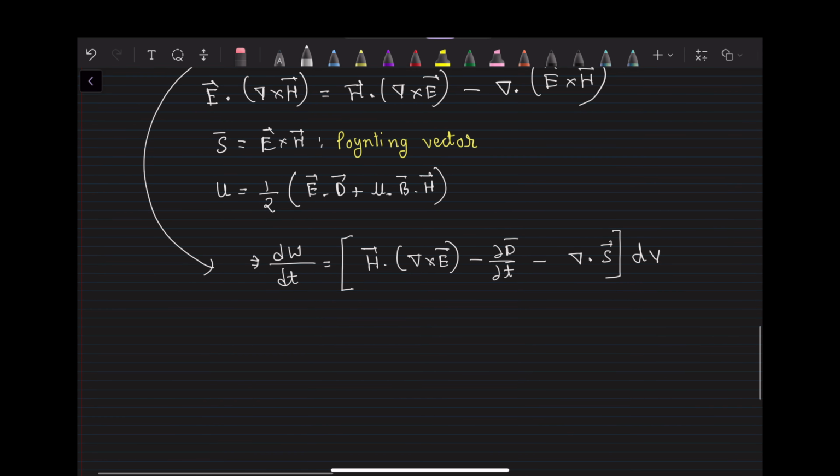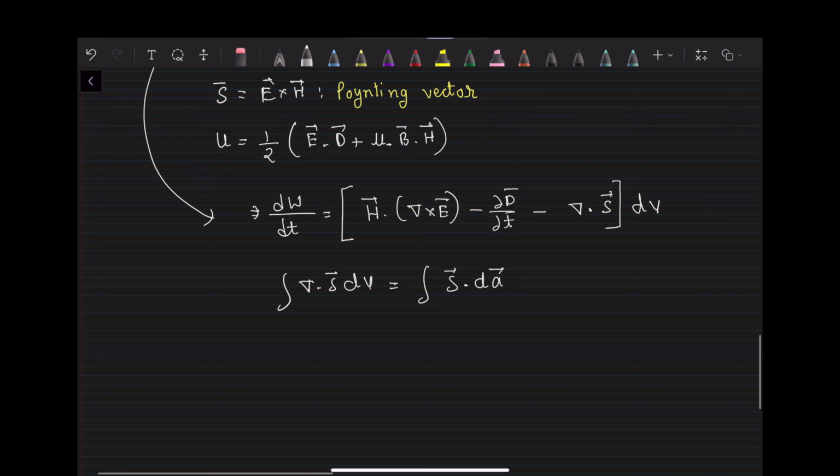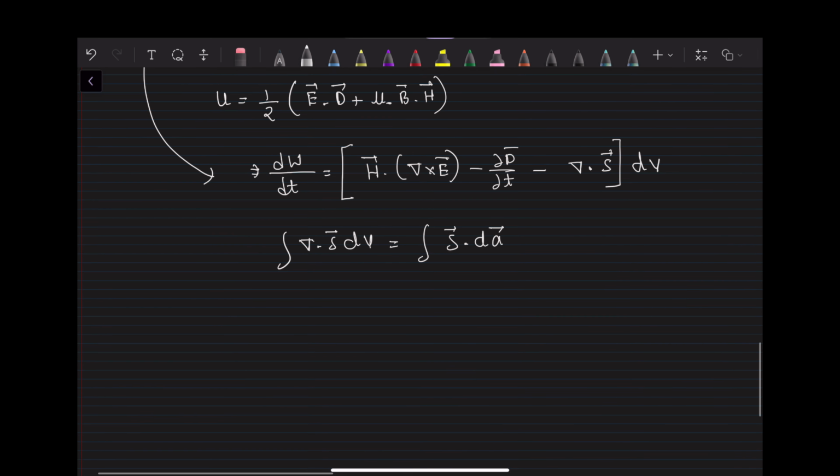So here I'll again use this identity, the Gauss divergence theorem. So it's in volume, then we can write it in area, I guess. Yeah, so I think you are familiar with this, right?